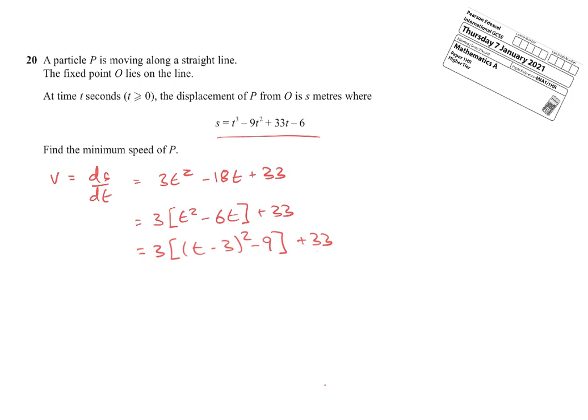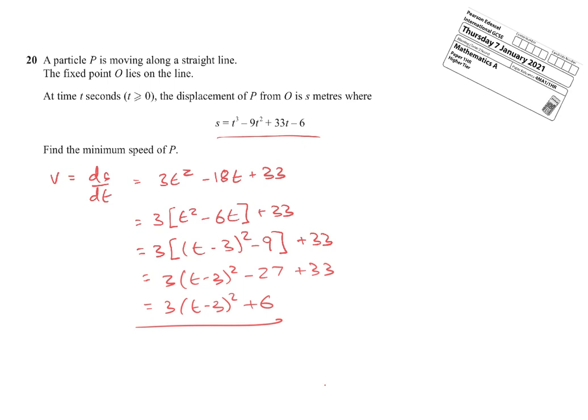Now I need to expand and simplify. So I have 3 times t minus 3 squared, minus 3 times 9 is 27, so minus 27, and then plus my 33 at the end. And that then becomes 3 times t minus 3 squared, and then plus 6, and that's my finished form for my velocity, having completed the square.